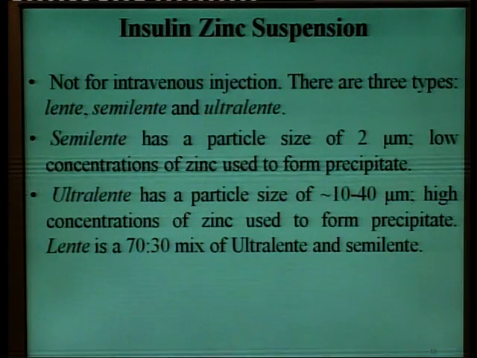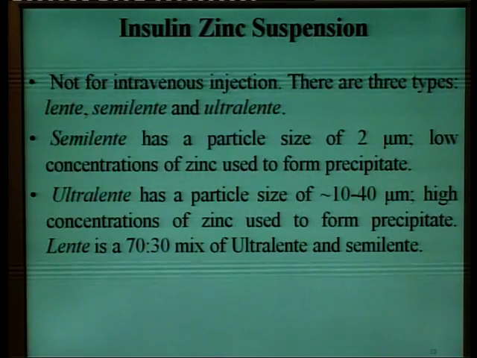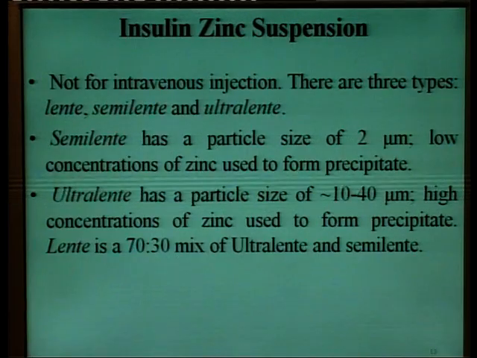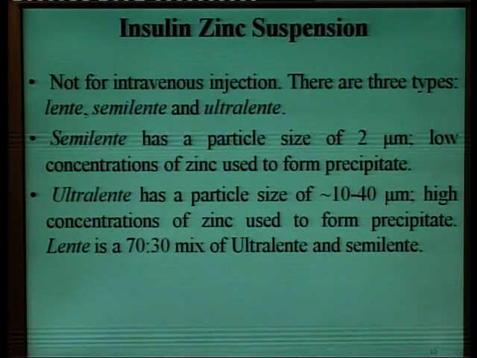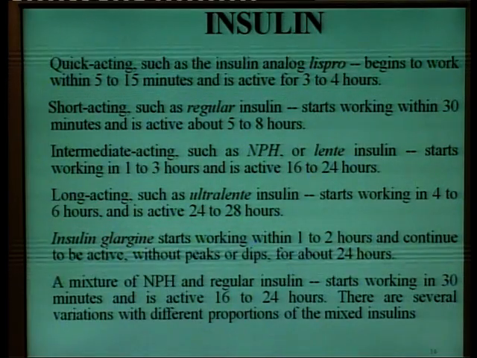So, what changes we are making is just to increase the rate of absorption and to increase the duration of action as per requirement. Depending upon the requirement, we try to make changes.